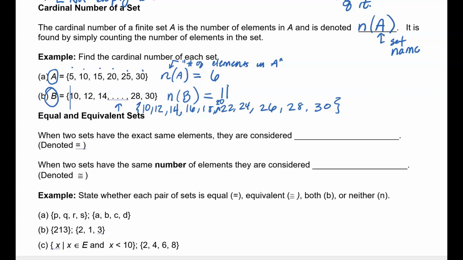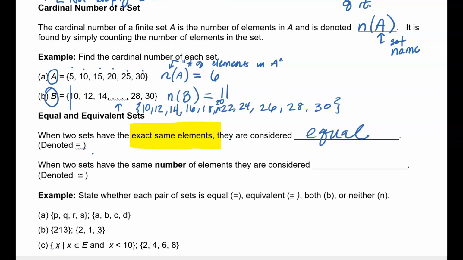Another thing we like to do with sets: we can count the elements, and we can talk about whether or not sets are equal or equivalent. Those two words mean different things. When two sets have the exact same elements, and that's important, so I'm going to highlight it, exact same elements, we consider them equal.